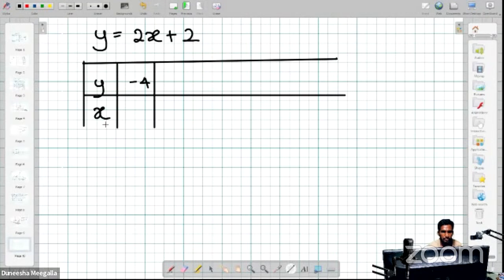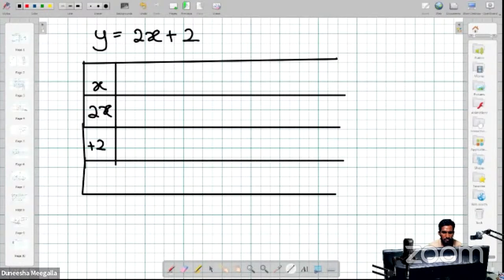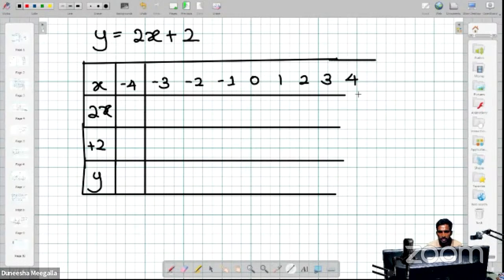Can you draw? Minus 4, minus 3, minus 2, minus 1, 0, 1, 2, 3, 4. හරි. මේ වගේ equation එකක් ඇඳින්න බලන්න.